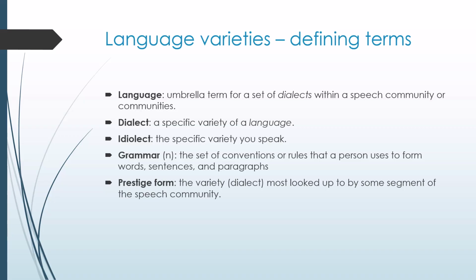And this is true in almost every society. There's one variety that's spoken typically by some powerful group, whether it's culturally prestigious or wealthy people or religious people, right? That takes the prestige form that other people are going to model and claim that form as the pure or the best form of the language.